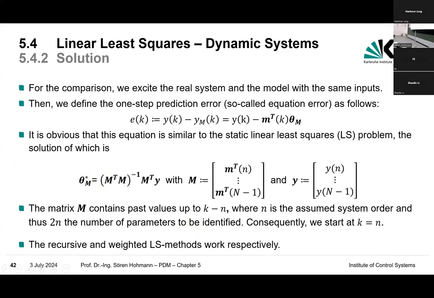Then we are happy, we have the values. Crazy, isn't it? It's for a dynamic system, we get the dynamic system out of data based on that. By the way, you can also do the weighted least squares. You can also do the recursive least squares we used beforehand. Also possible, same story. So nothing special about it.